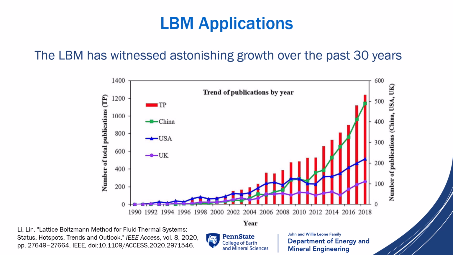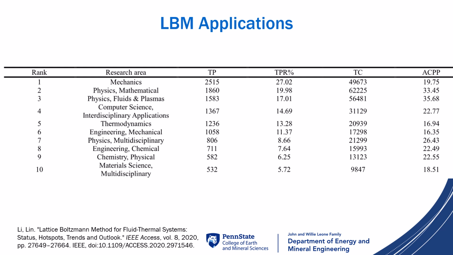Given its simple implementation and the recent surge in computational interest, the increasing popularity of LBM is not surprising. What's most impressive about LBM, however, is its publication success across a wide range of disciplines.